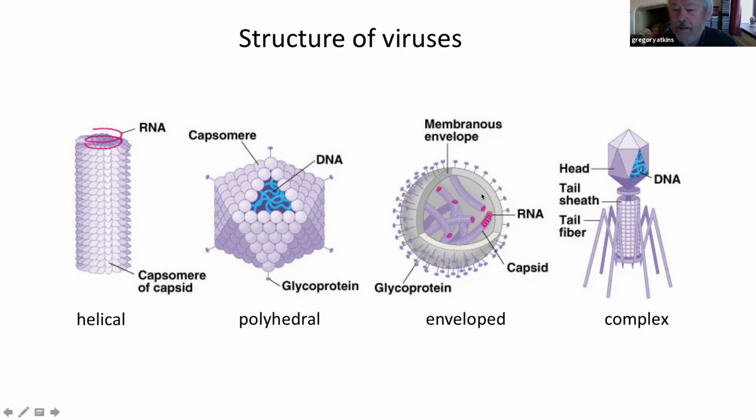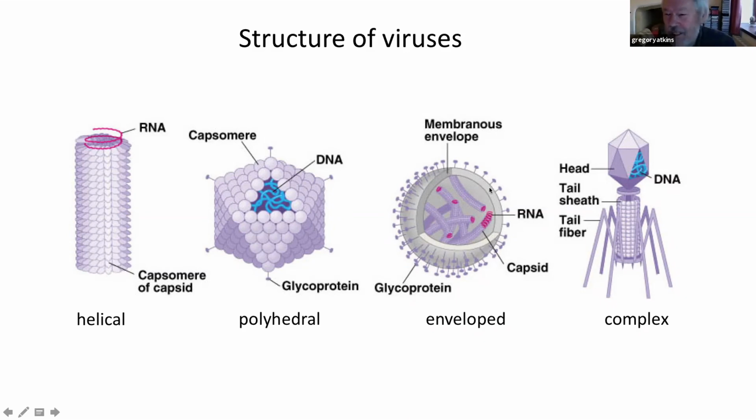And it forms a layer over the helical capsid, which you see here. So it's an extra layer. And often there are these spikes in the membrane, and their function is to attach to a new cell. These are viral proteins.